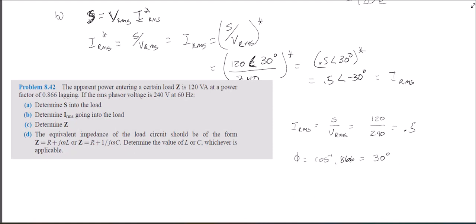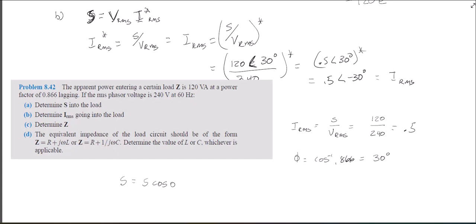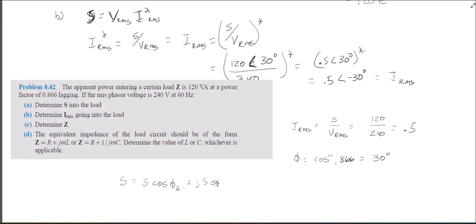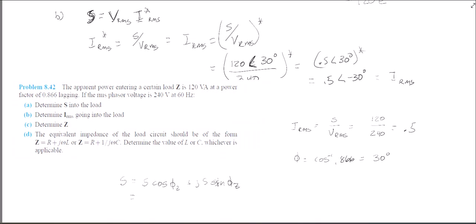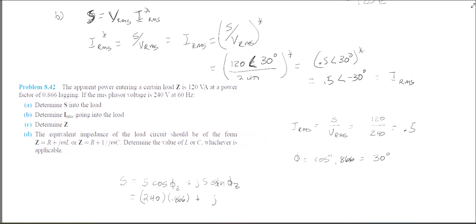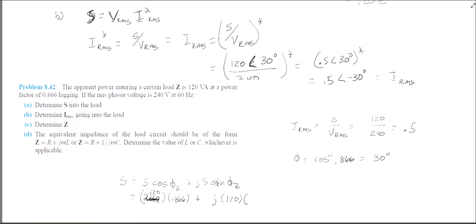And then I could say that S is S cosine phi plus j S sine phi of z, or 120 times cosine, which we already know is 0.866, plus j 120 times sine of 30 degrees, which is 0.5.